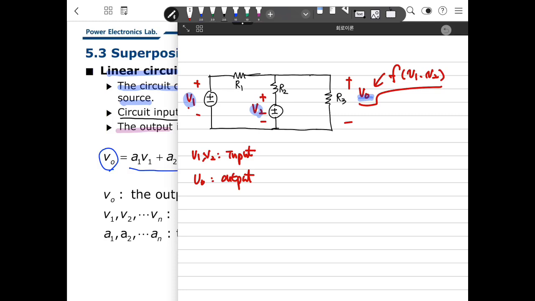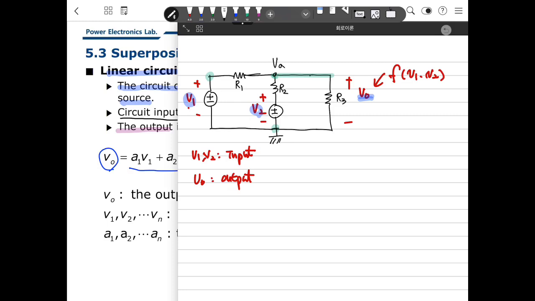We will deal with this later, but anyway, you can do that here. It's not difficult, and we can use the node method here. So how many nodes are here? 1, 2, and 3. So I choose this node as the reference node.